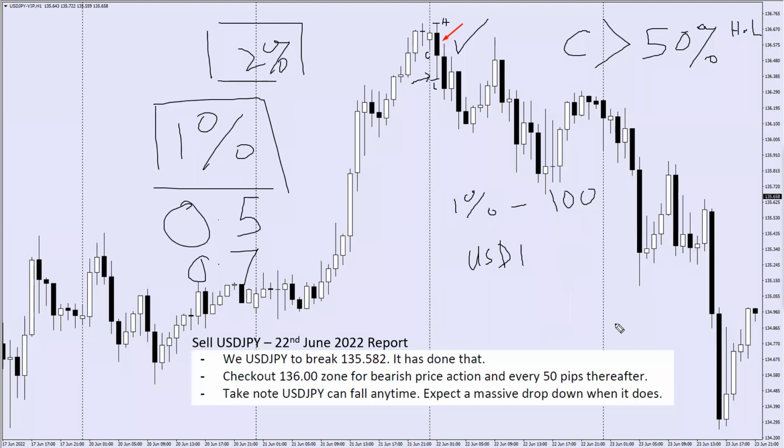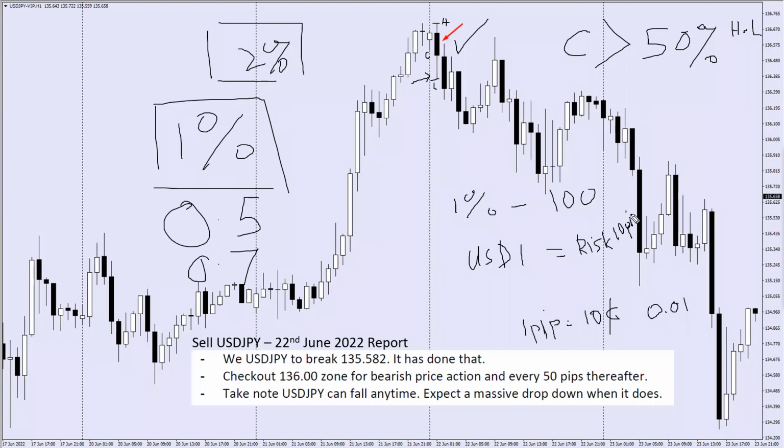If your trade is, let's say, one pip equals 10 cents, that means it's 0.01 lot size, and your risk over here is 10 pips.